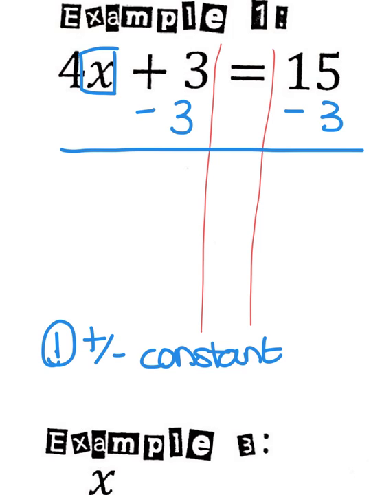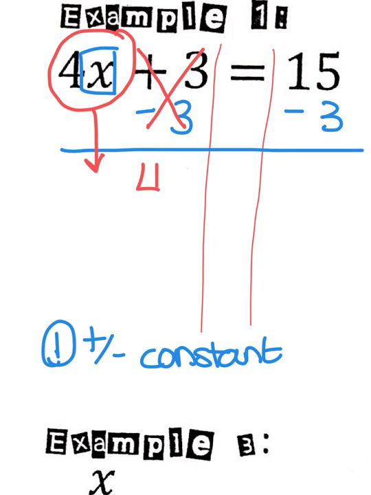Okay? When we do that, our 3's cancel out. Now this entire thing comes down. So we have 4x equals 15 minus 3 gives us 12. Now, our second step is to either divide or multiply.